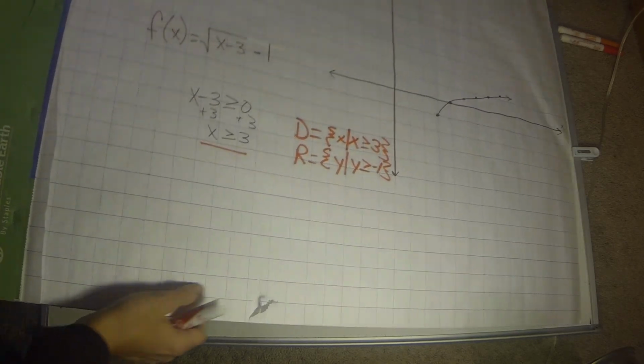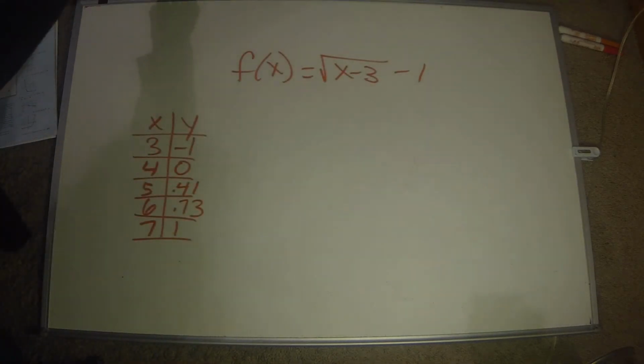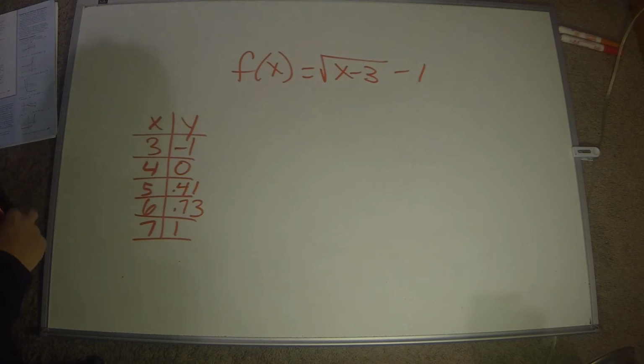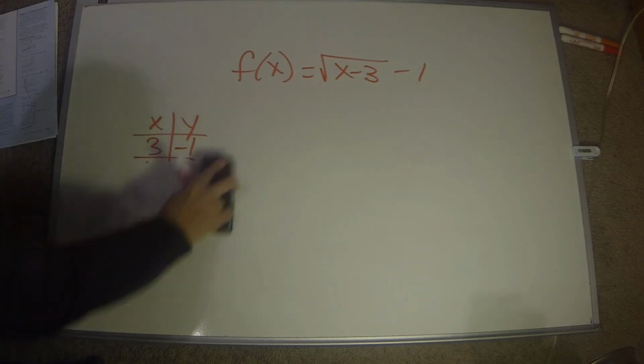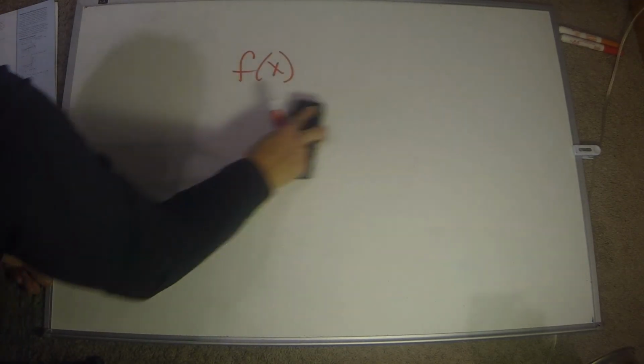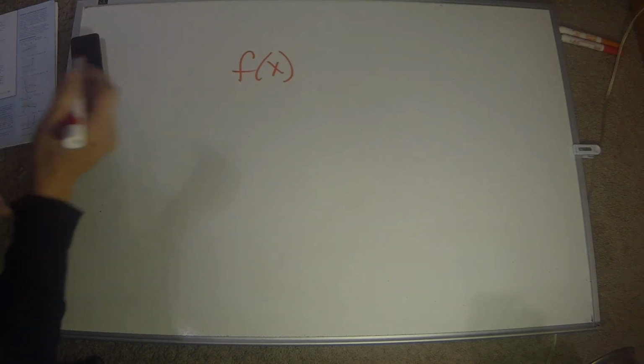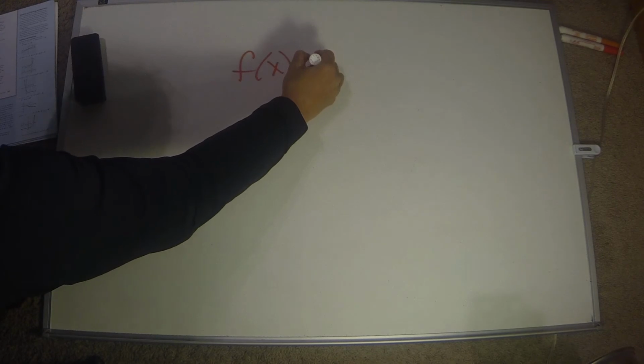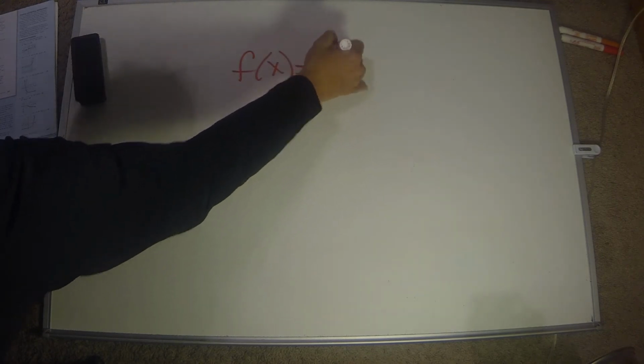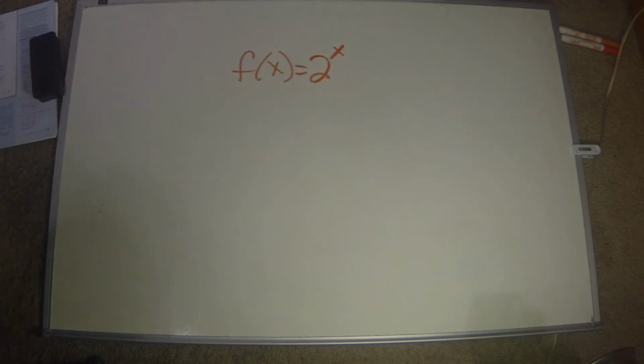Okay, so now let's take a look at exponential graphs and functions. So if we have f of x equals 2 to the exponent of x.